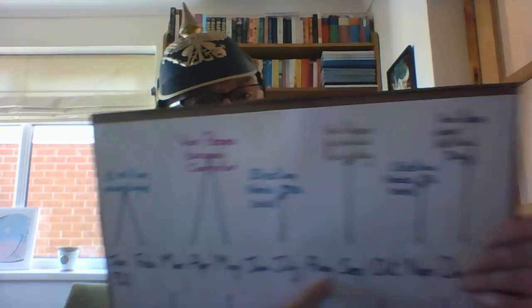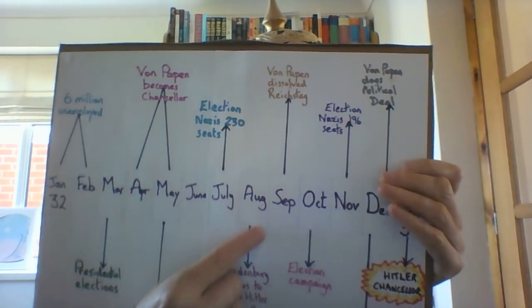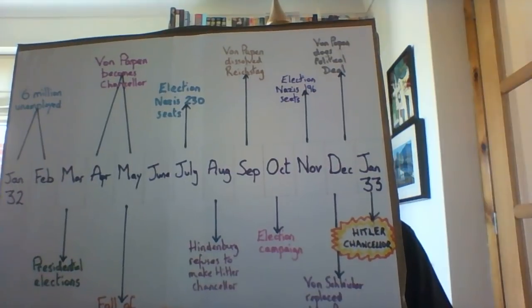So the year is ticking on. We move to September 1932. Von Papen dissolved the Reichstag and called yet more elections. Why would he do that? Any ideas? Well, he can't rule effectively with 75 seats. He's seeking more support.